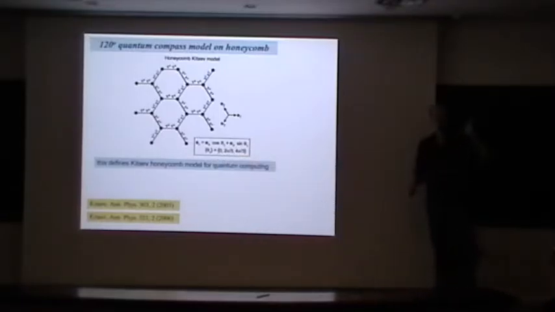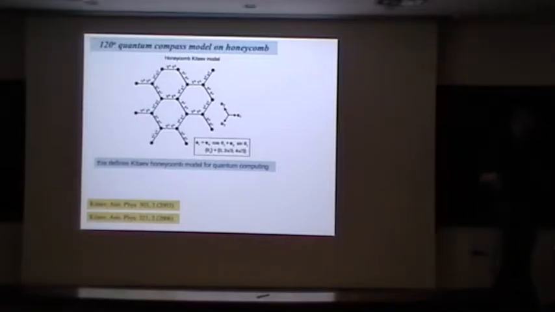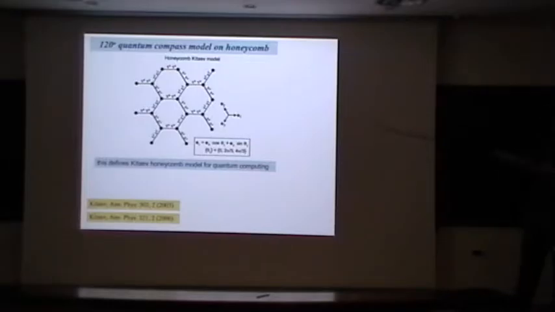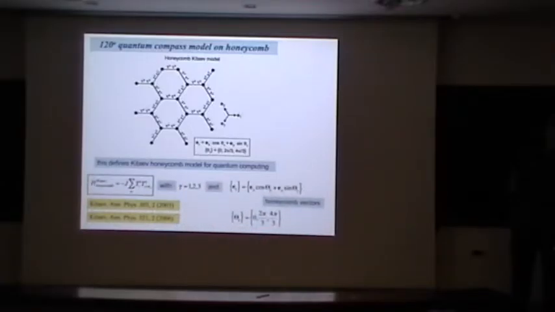He looked at this model because you can use it for topological quantum computing. I'll say nothing more about this. It's very interesting stuff. You can solve this exactly in a wonderful mathematical way. It's a realization of a compass model, only on this honeycomb lattice. Okay, this is how it looks.